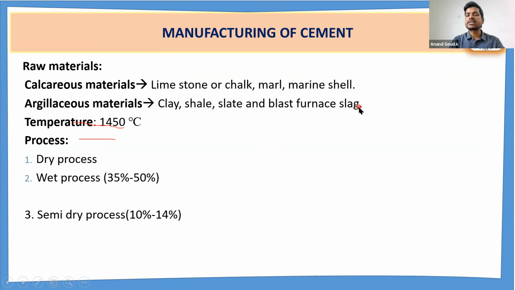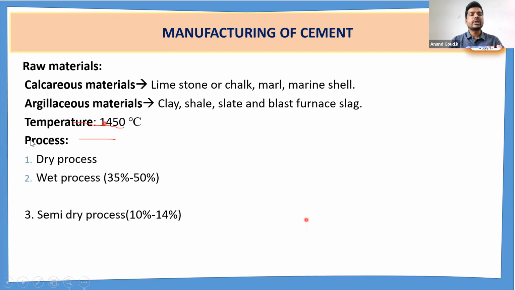Slag is a waste material obtained while processing metals. That waste material is called slag, and it is used in the manufacturing of cement as an argillaceous material.